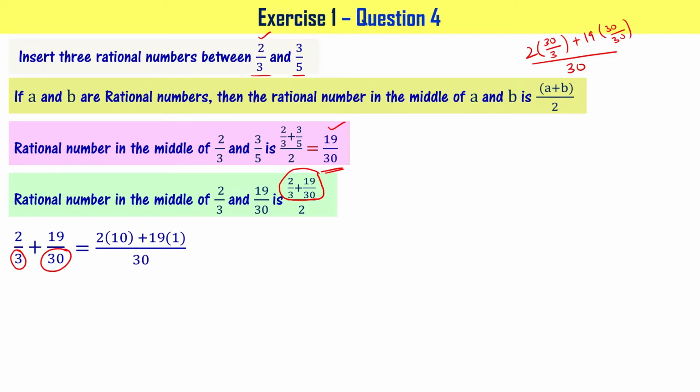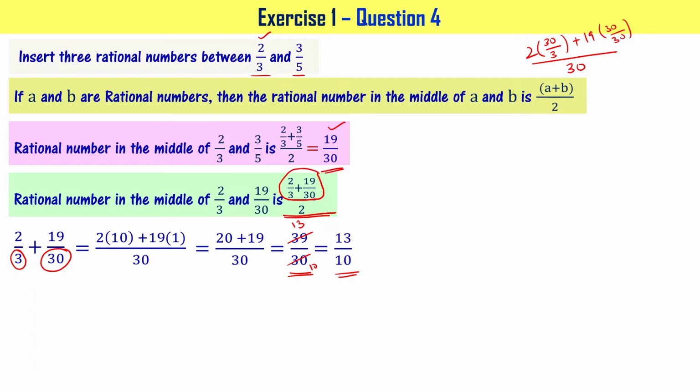That can be further simplified as 20 plus 19 by 30, that is equal to 39 by 30. You can divide both by the number 3. When you do that, the numerator becomes 13 and the denominator becomes 10, right? That's what I have written here. So the numerator of this particular ratio is 13 by 10, right?